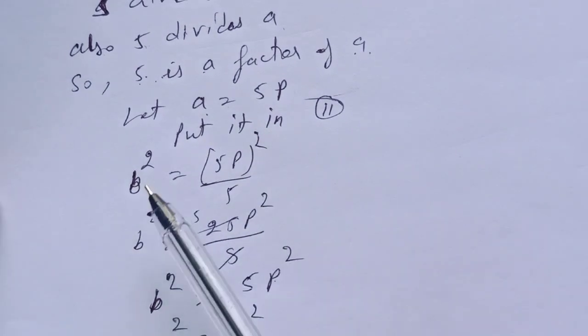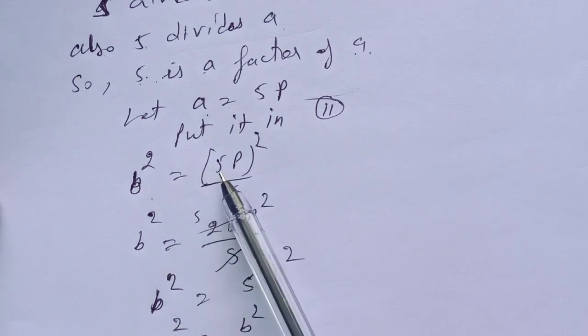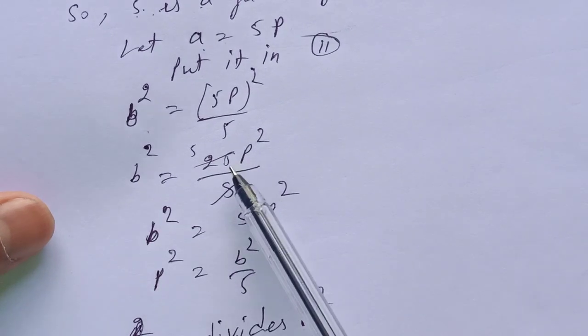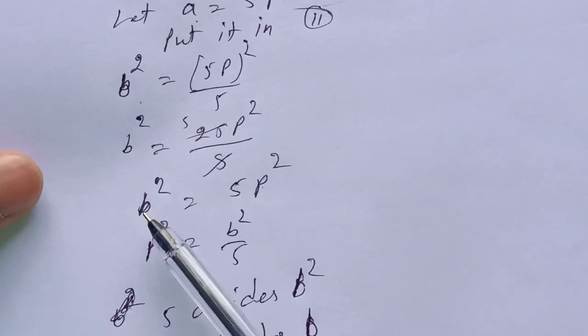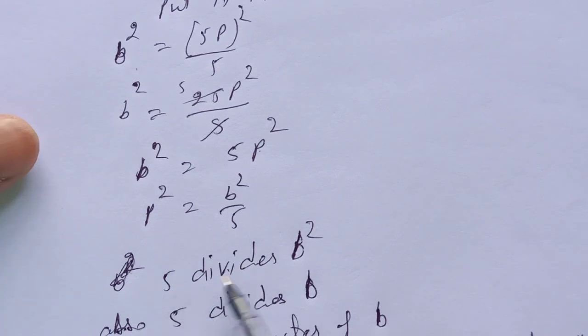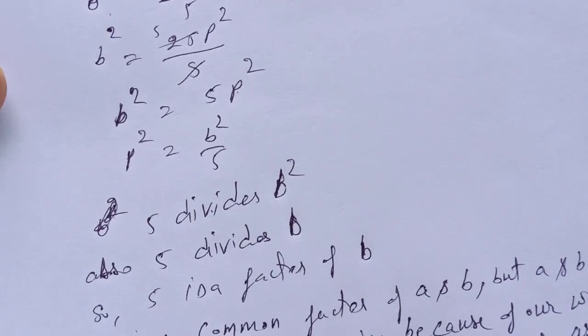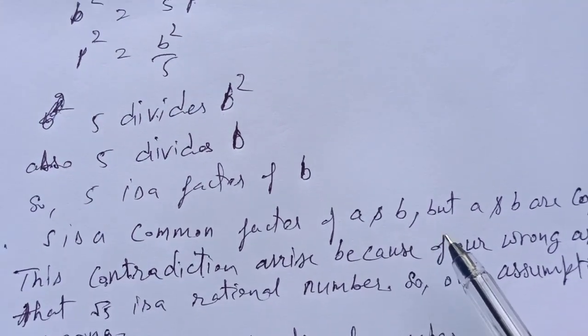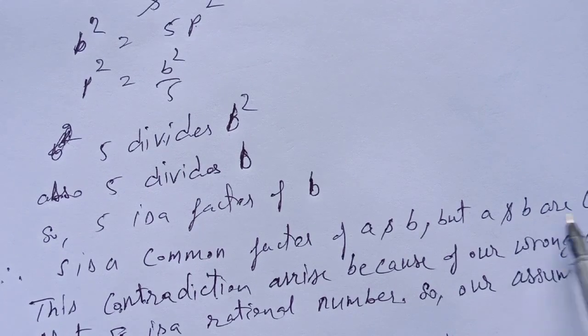Put it in second. B square is equal to 4p square by 2. B square is equal to 2p square. P square is equal to b square by 2. 2 divides b square, 2 divides b, 2 is a factor of b, 2 is a common factor of a and b, but a and b are co-prime.